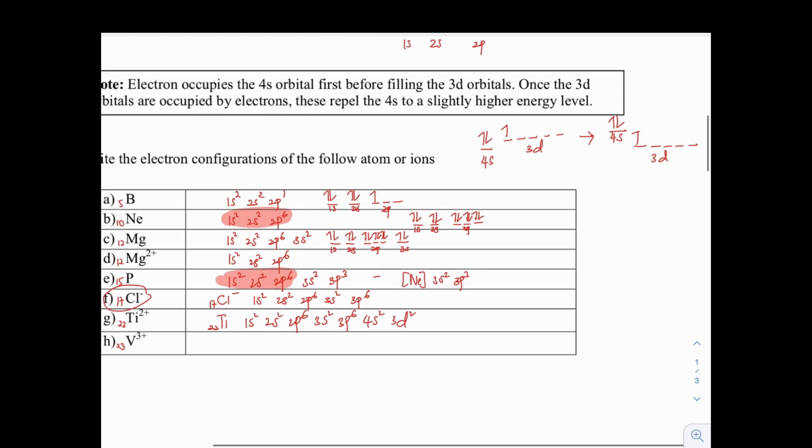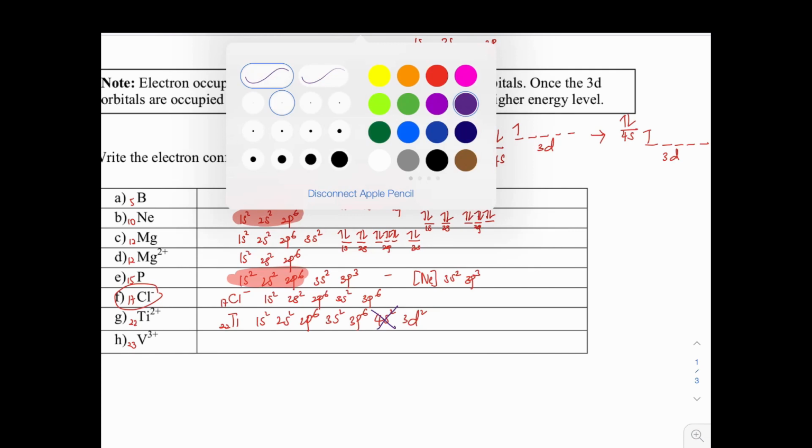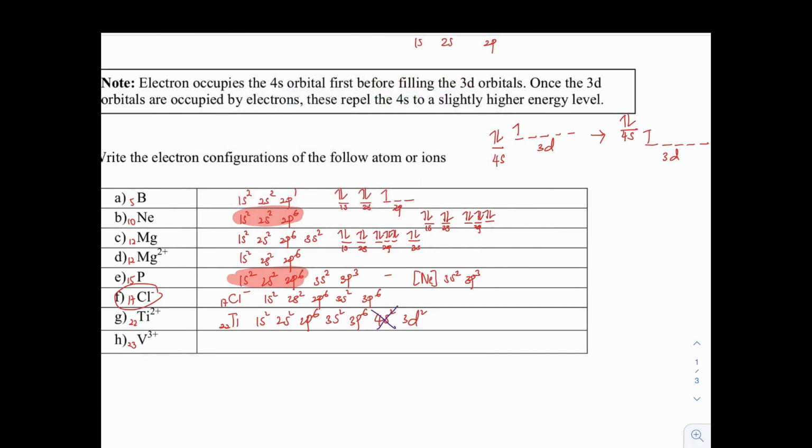So when we want to remove electrons, because right now we're going to write titanium 2 plus, meaning we're going to remove 2 electrons, the 2 electrons should be removed from the 4s orbital. So therefore, the correct configuration of titanium 2 plus is going to be like this: 1s2, 2s2, 2p6, 3s2, 3p6, followed by 3d2.